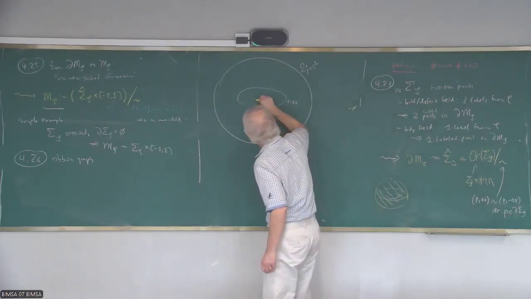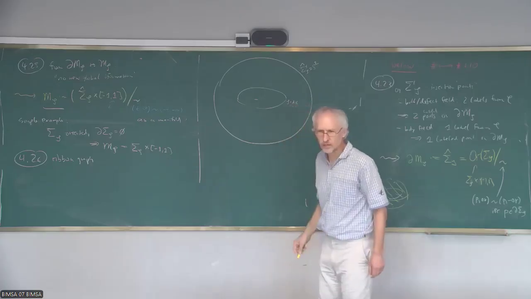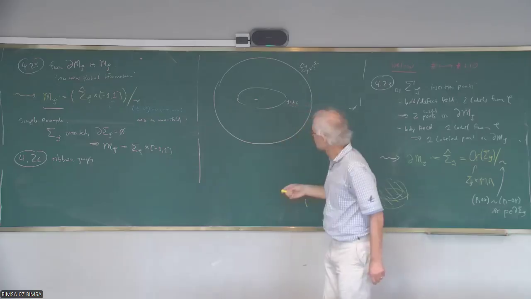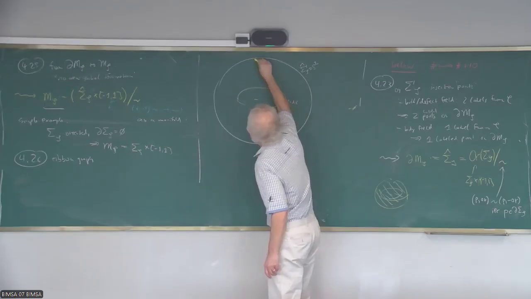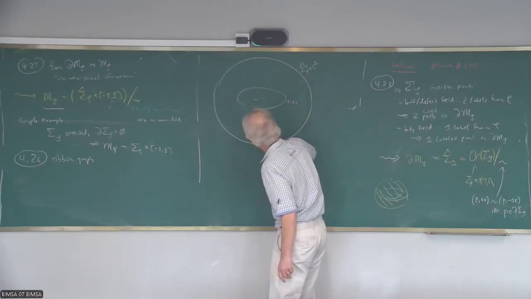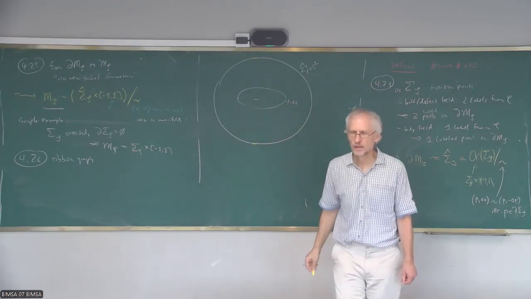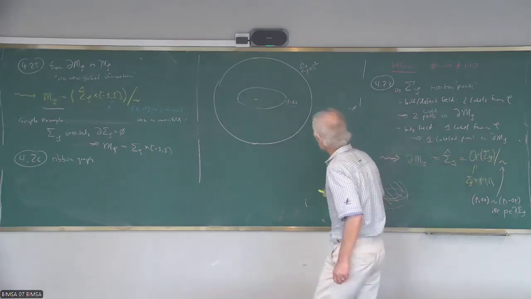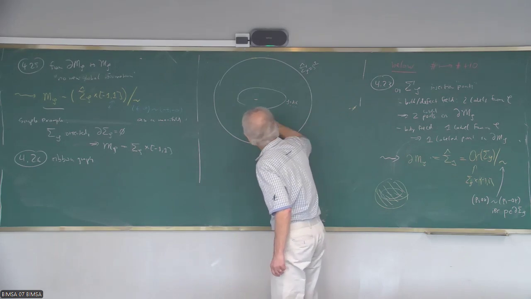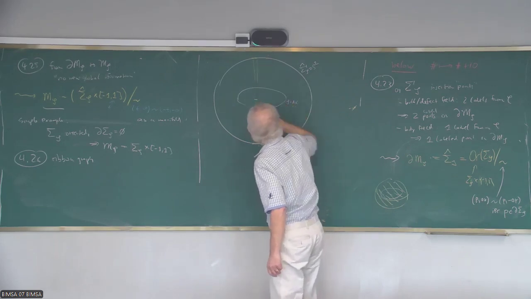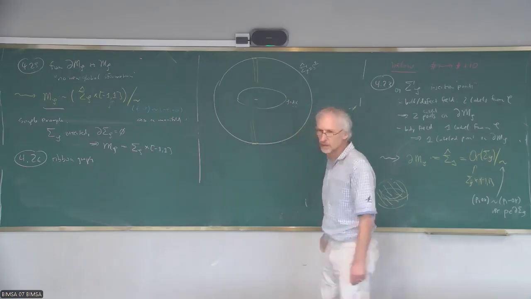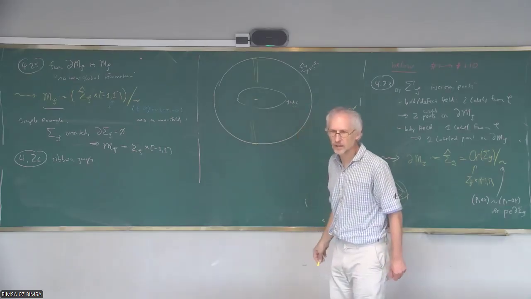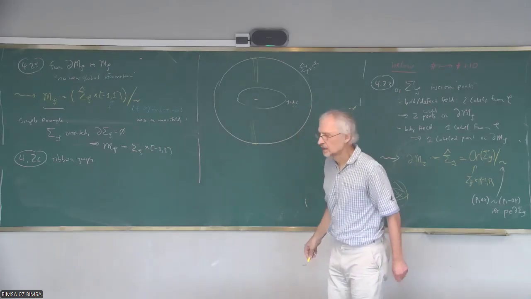If we have a field insertion on the disk, which is a bulk field, it corresponds to a small arc here, and there will be two corresponding arcs here. So we will have a ribbon, which somehow should be connected to this.